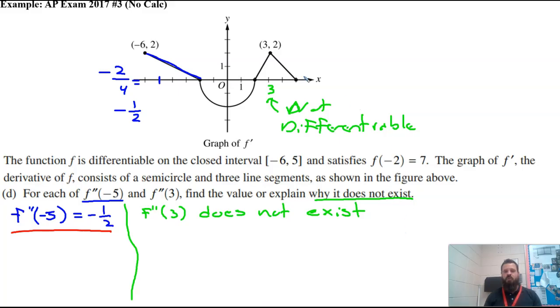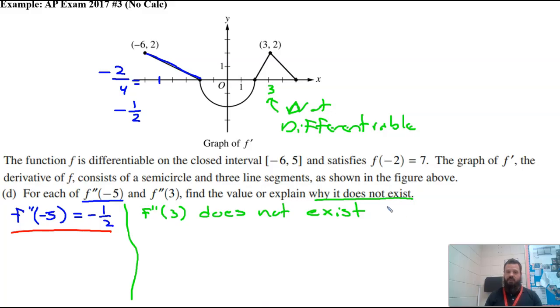What we'd want to do is say, well, I can tell that the derivative leading up to 3 on the left side looks like +2, whereas on the right side it's a -1. Those are my slopes. Those are not equal here.